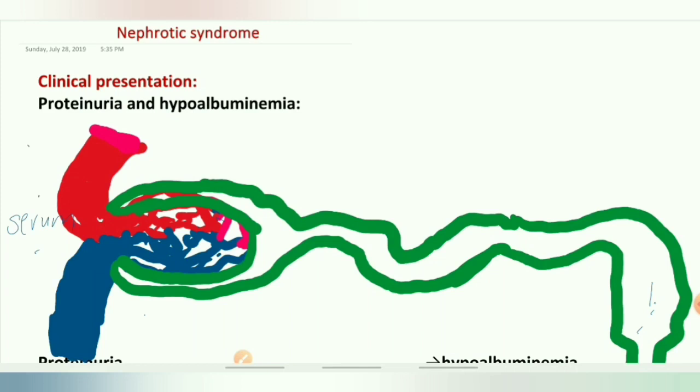From the previous lectures, we know that most of the serum proteins are circulating inside the circulation.